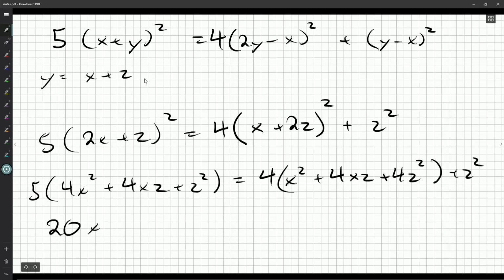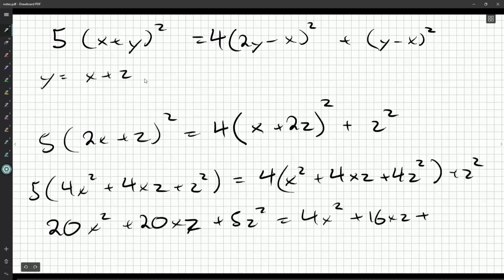So we get 20x squared plus 20xz plus 5z squared is equal to 4x squared plus 16xz plus 16z squared plus z squared. So we'll get 17z squared minus 5z squared, we will get 12z squared.